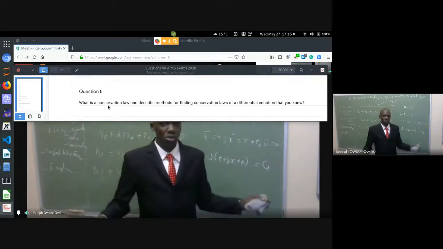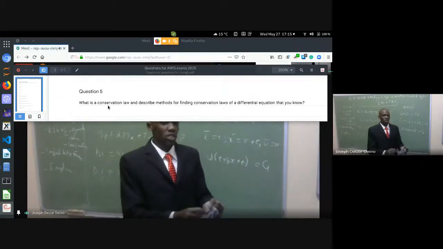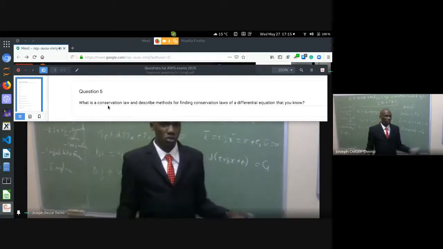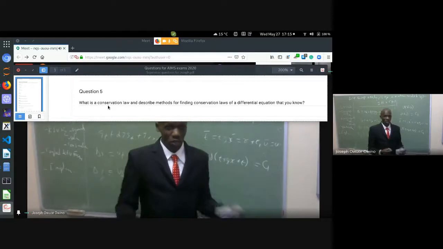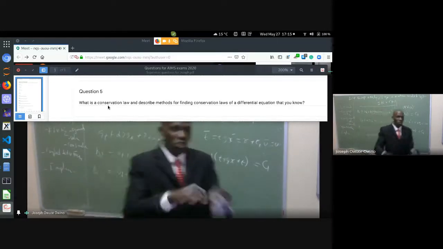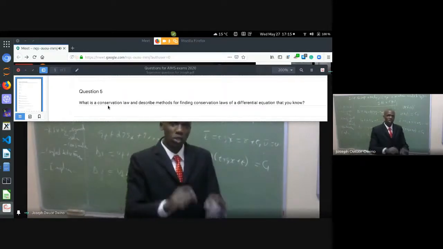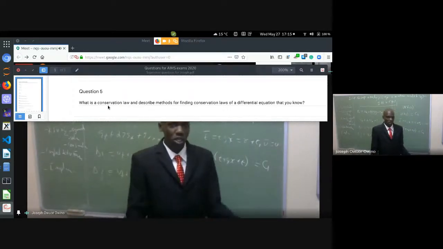So, for example, conservation of mass. If you're describing, let's say, flow of fluid using Navier-Stokes equations, we know that mass is one of the physical properties which is conserved. So you can have a conservation law which tells you that mass is conserved.